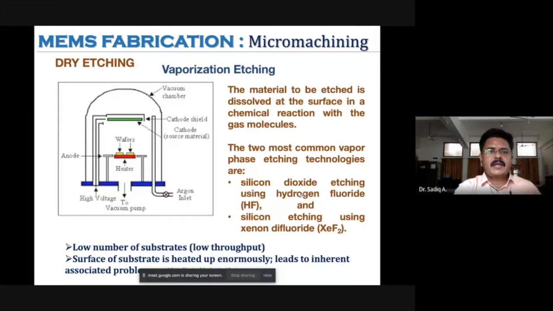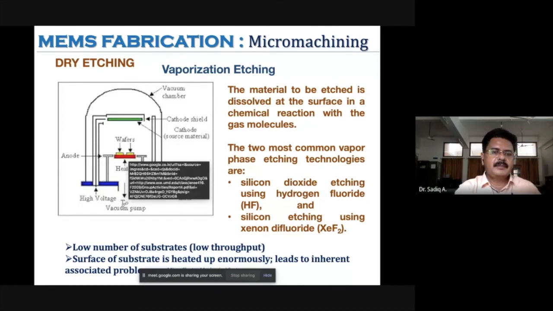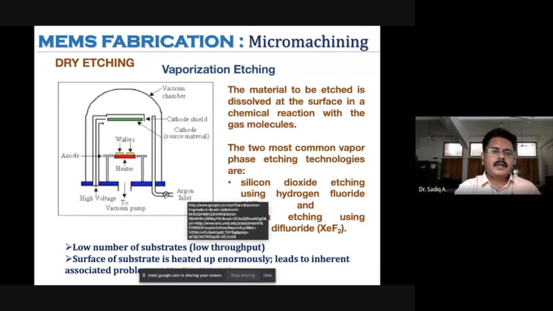One more example of dry etching is vapor phase etching. The arrangement is similar to the sputtering process, where there is a vacuum chamber. Inside that, wafers are kept, and there is provision to evacuate the chamber, and a high voltage given to the cathode. There is also a provision for argon gas inlet.